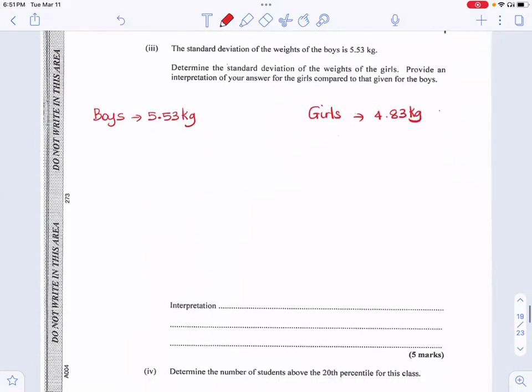Now it's 5 marks, so that is probably why they ask you to do all that working. They ask for an interpretation of the weights of the boys compared to the girls.